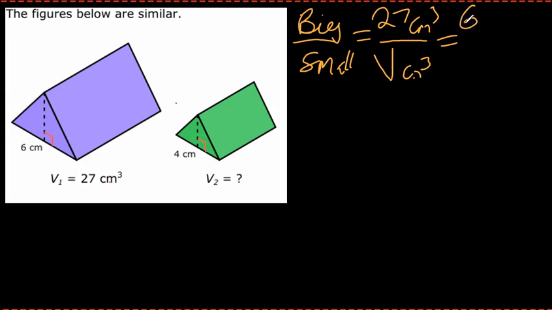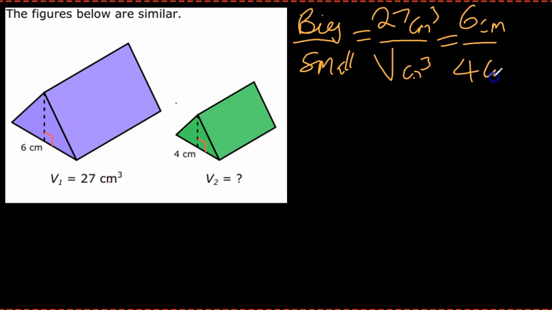But if you notice here, the 6 over 4 is one-dimensional. For it to be three-dimensional, we have to multiply it by itself 3 times, 6 centimeters times 6 centimeters times 6 centimeters, and the same for the 4.